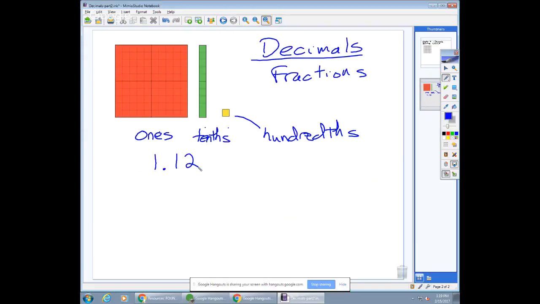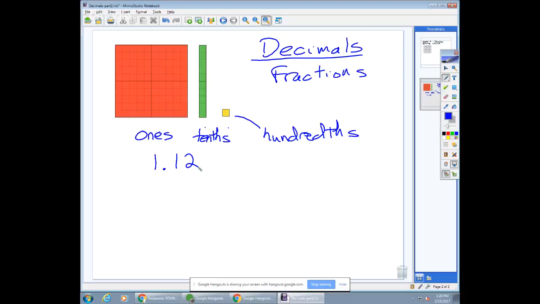That is the proper way to read it, compared to our slang 1.12. As teachers, we're going to revert to the slang because we say it all the time in our lives. We want to pause whenever we're dealing with decimals with kids and read that properly, because then we get better number sense with kids. And we can show what that looks like, right?